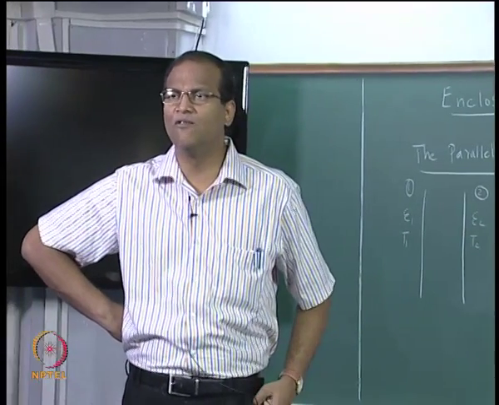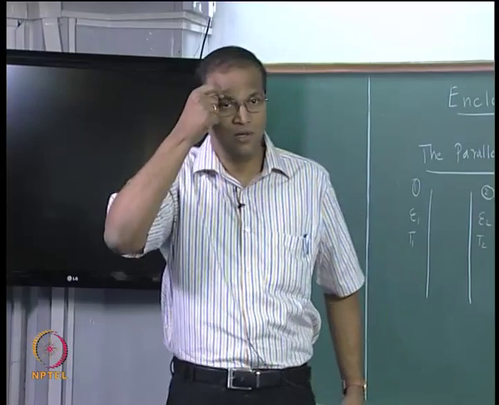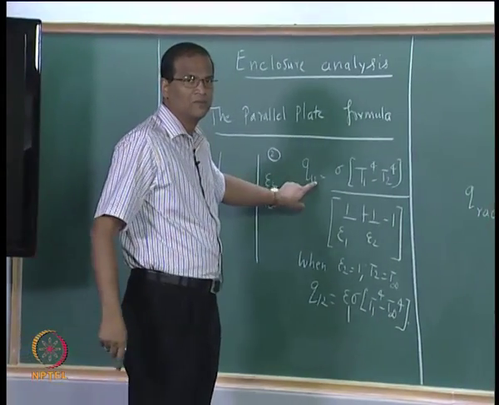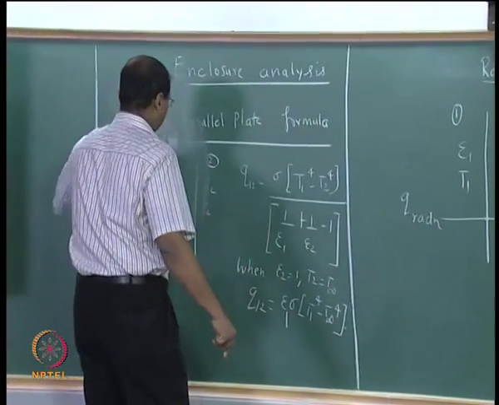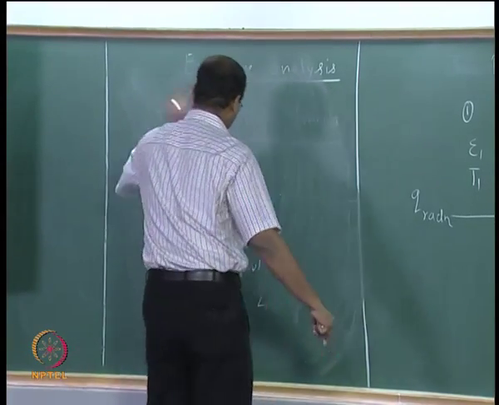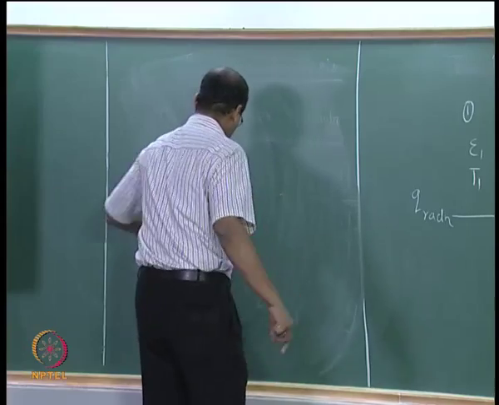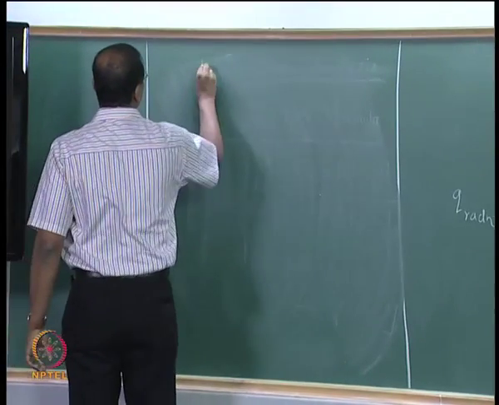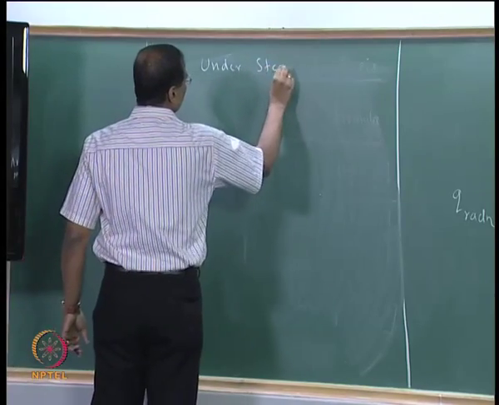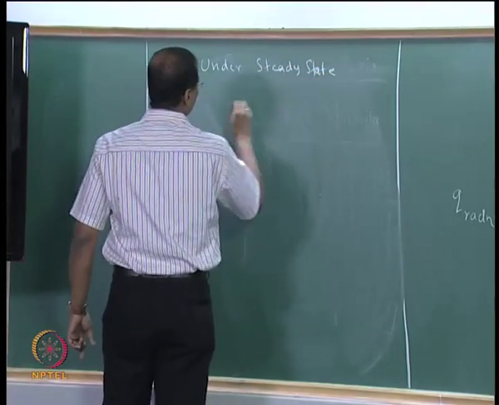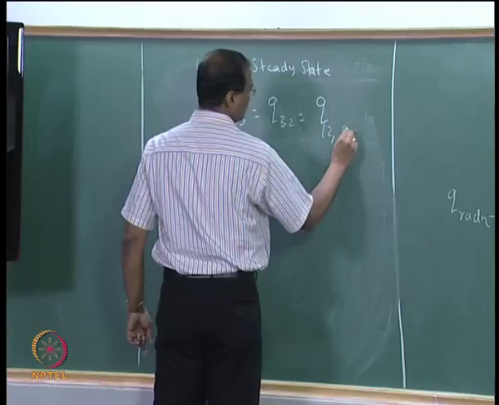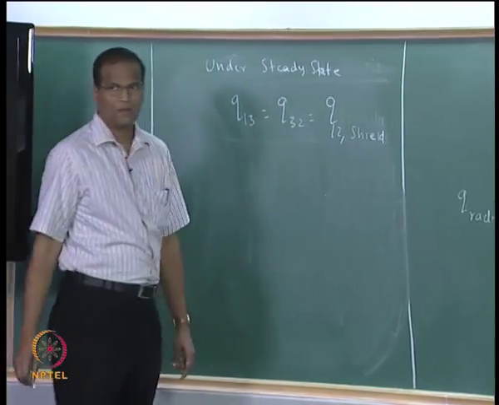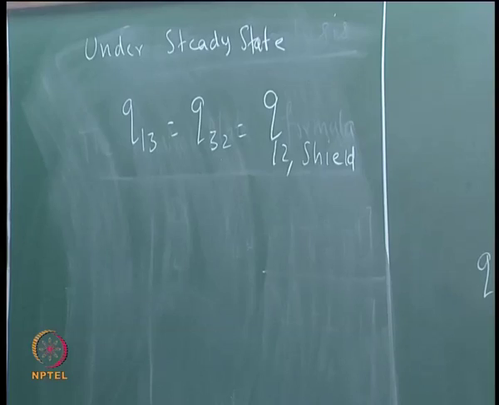So we can qualify it as saying that it is Q12 with shield, Q12 without shield is this, correct? Q12 comma shield, so that you do not get confused.